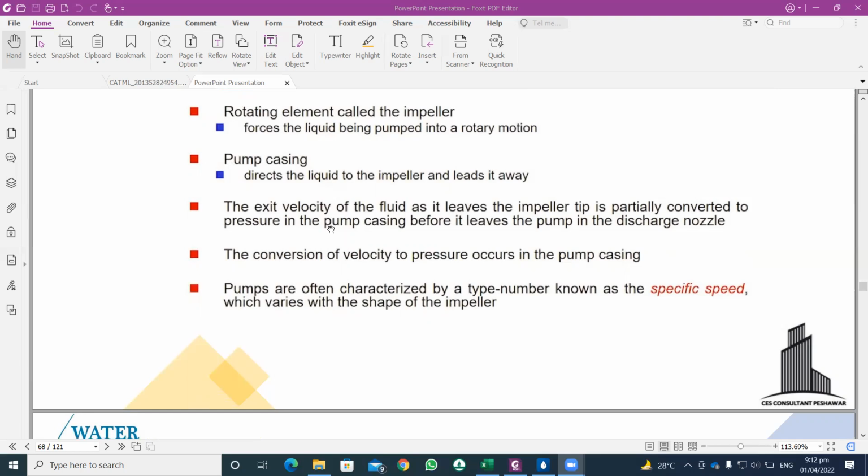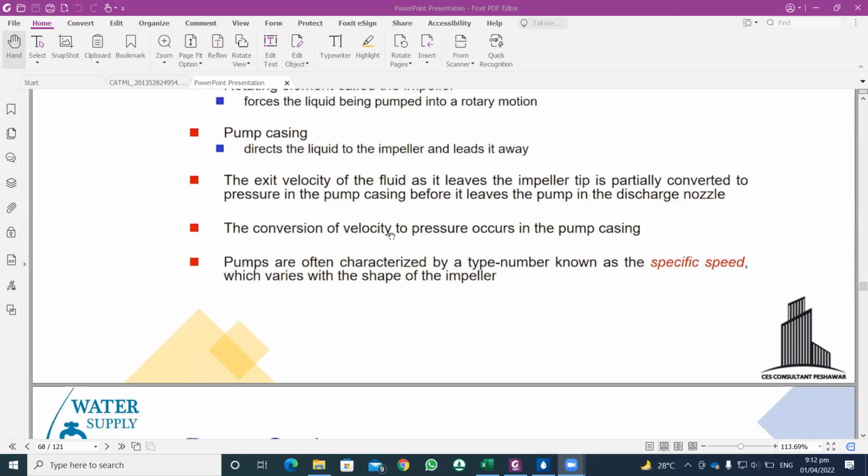By directing the fluid into that volute, the velocity is converted into pressure, meaning the mechanical energy is converted into fluid pressure before it leaves the pump through the discharge nozzle.